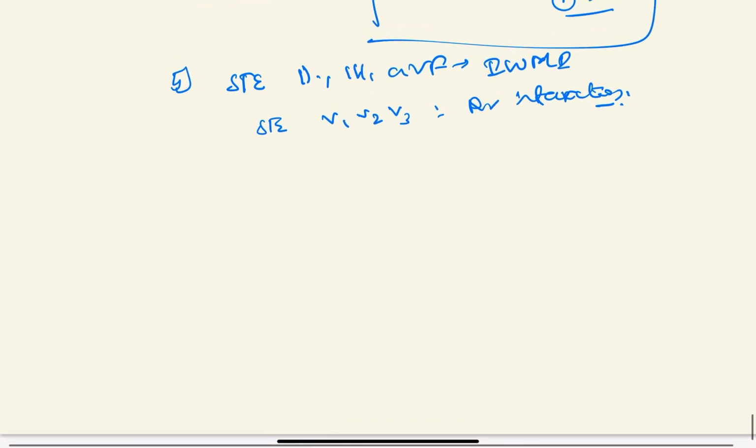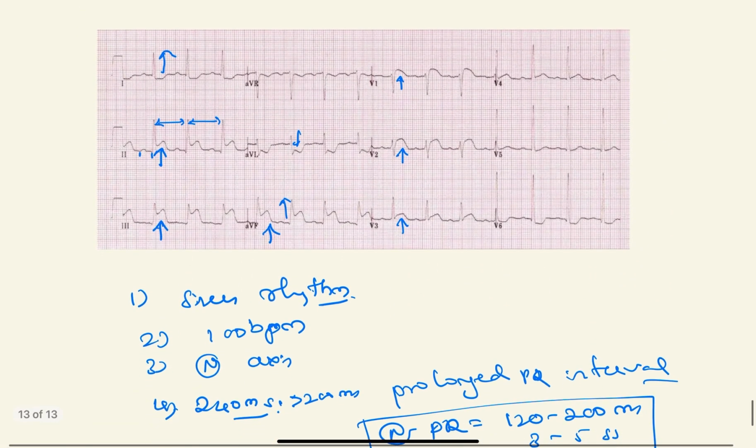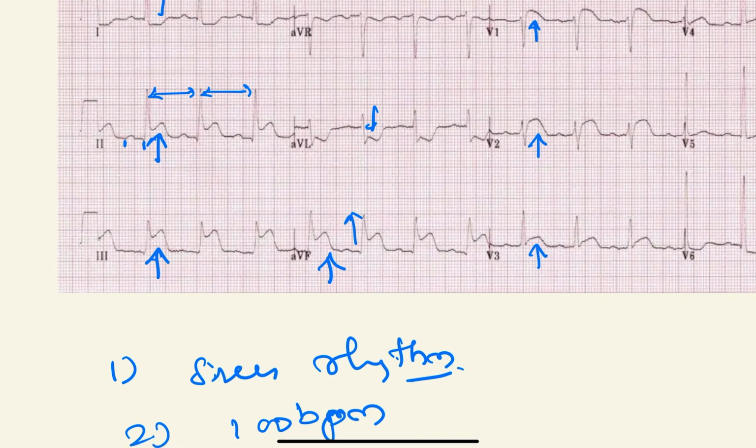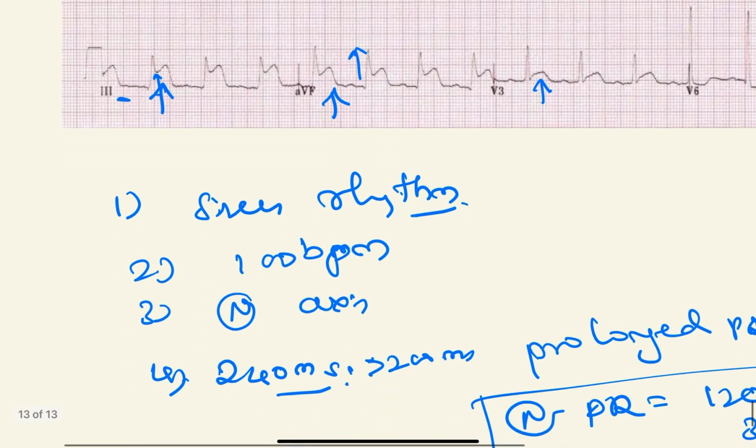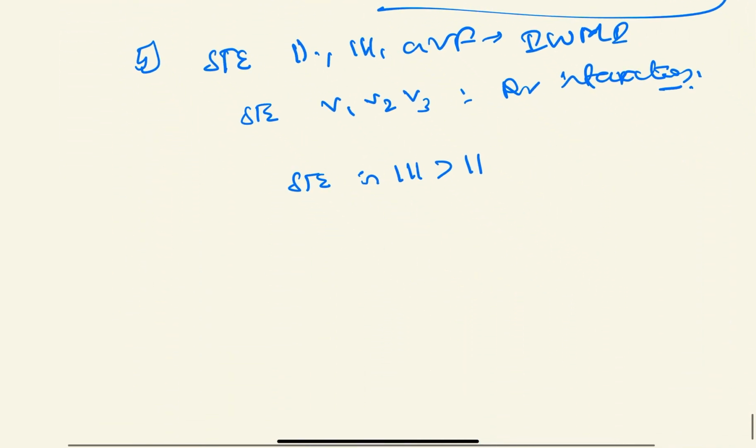Now, how to say the right ventricle is getting infarcted? There is ST elevation in lead 3 more than lead 2. Look at here. The magnitude of ST elevation is more in lead 3 compared to lead 2. So that is suggestive of right ventricular involvement, RV infarction.